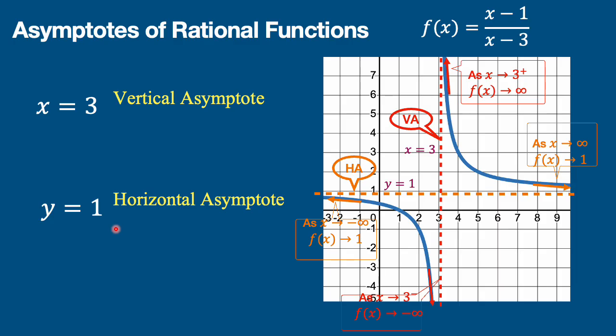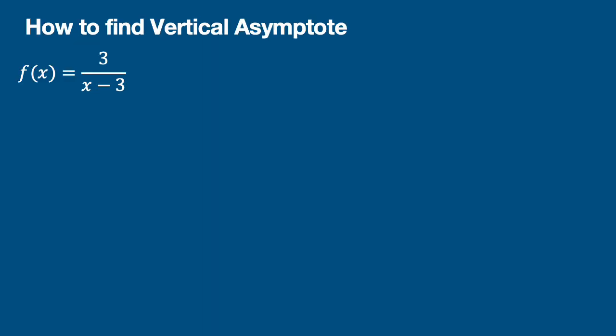I want you to understand horizontal and vertical asymptotes from the graph clearly. The first big question is how we identify the vertical and horizontal asymptotes from the graph. The vertical line and horizontal line never touch the graph. That's what we call vertical and horizontal asymptote lines.